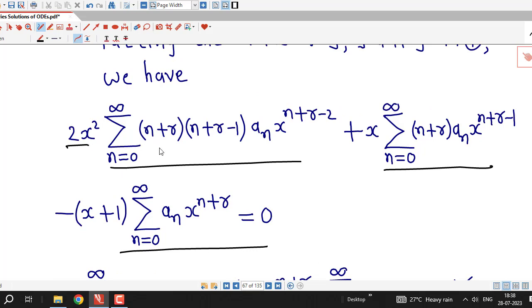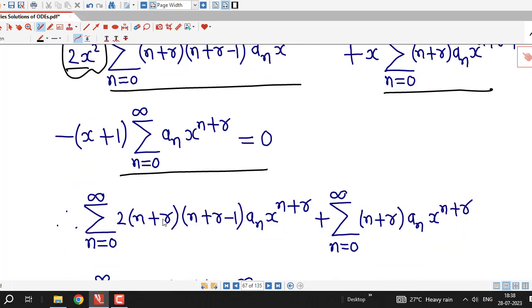In the next step, we can take this inside the summation because it is independent of n, and here the power of x is x raised to n plus r minus 2, and I will multiply this by x square. So the power will be x raised to n plus r, and these two will be in the product. That I have written here.